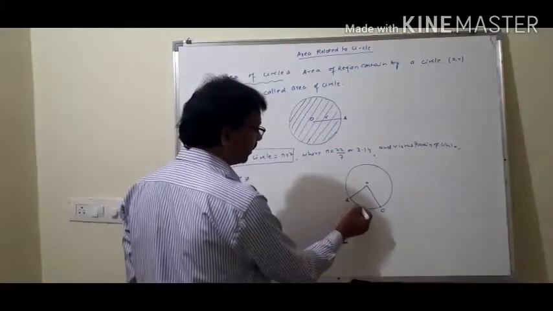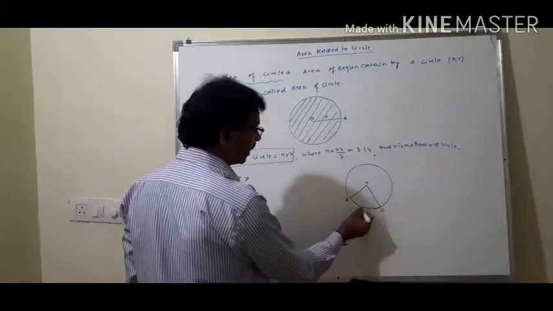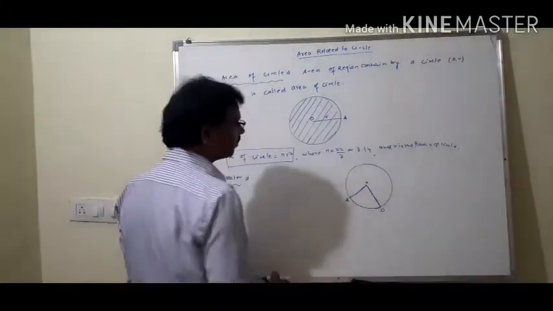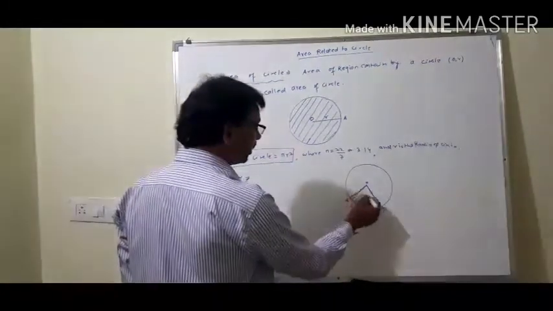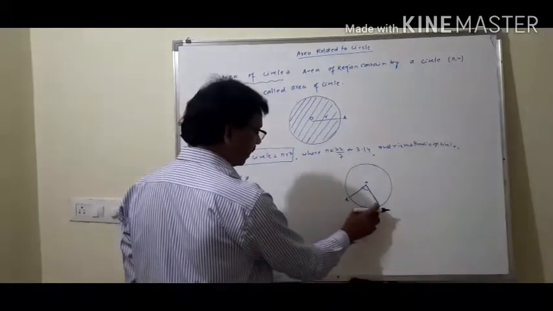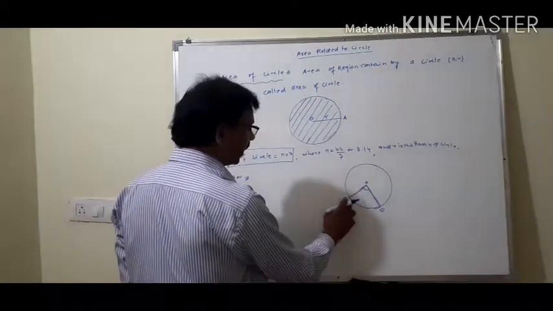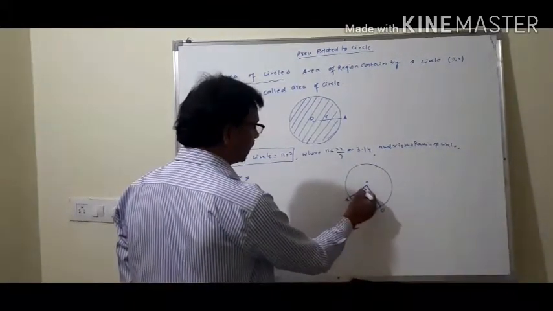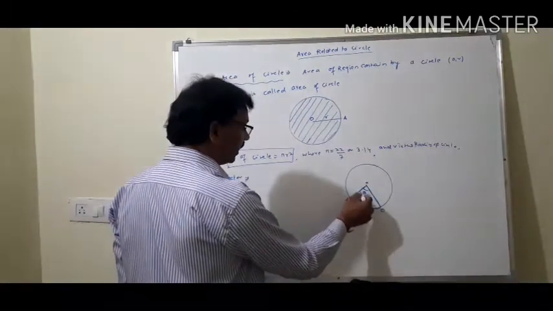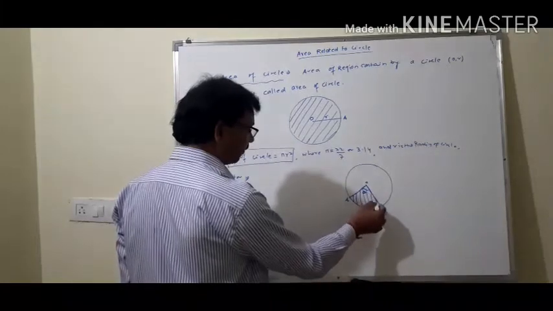Suppose this is the arc of the circle and these are the radii of the circle. If both radii subtend an angle theta at the center by this arc, then we can find the area of this sector.